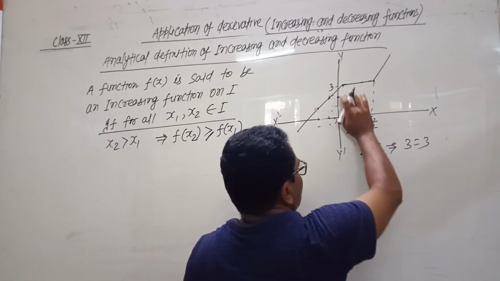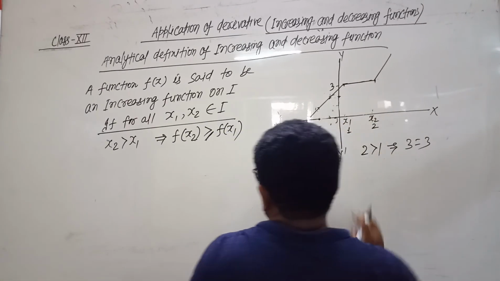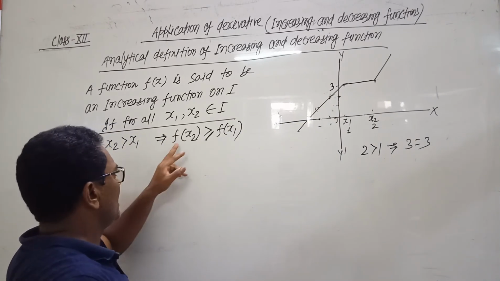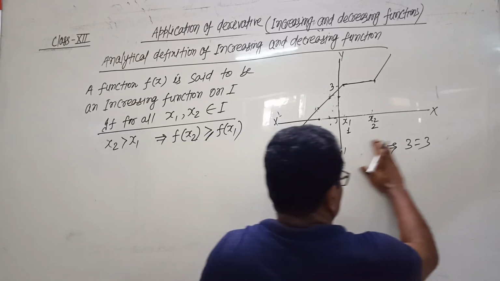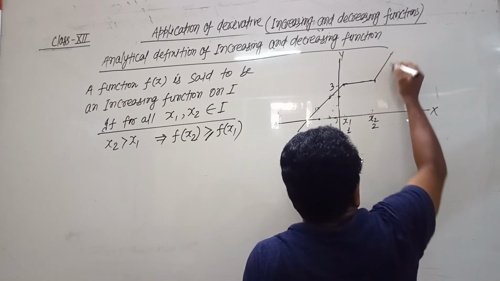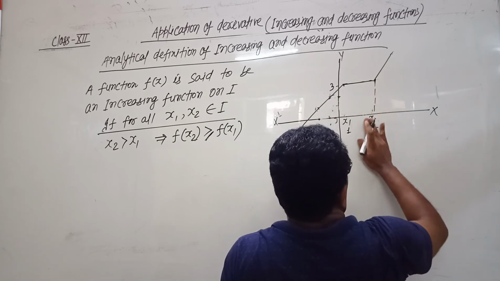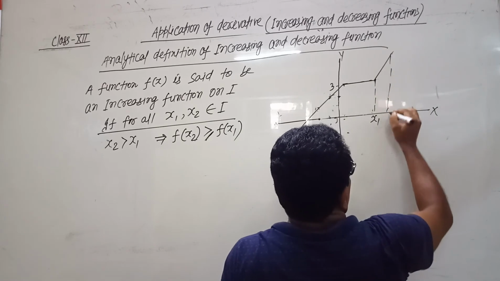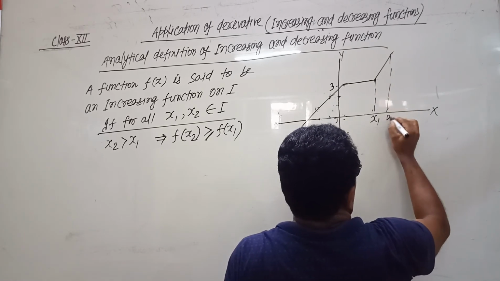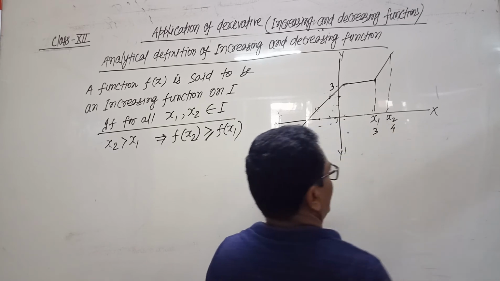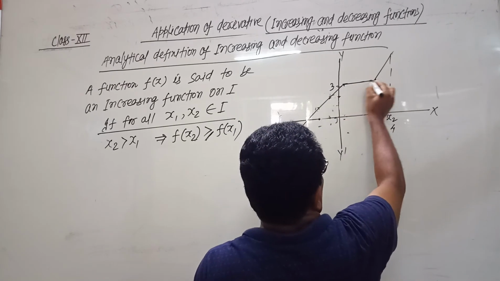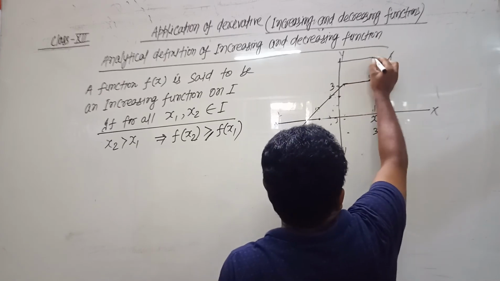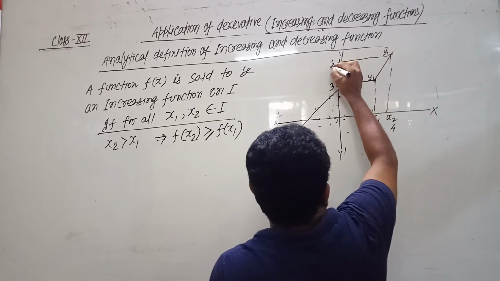So in this region, this condition is applied: for x2 greater than x1, f(x2) is equal to f(x1). And again in this region, if we take x1 and x2, the value of x1 is 3, the value of x2 is 4, the value of y1 is 3, the value of y2 is 5.